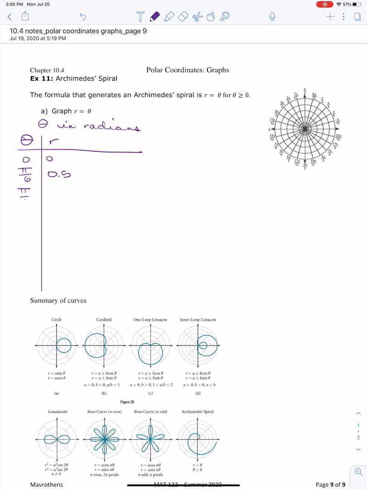Pi over 4, and you can plug these into the calculator, 0.79, so we'll go 0.8. Pi over 3, we're at 1.05. Pi over 2, 1.57. Let's spread these out a little bit more. 3 pi over 4, 2.36.